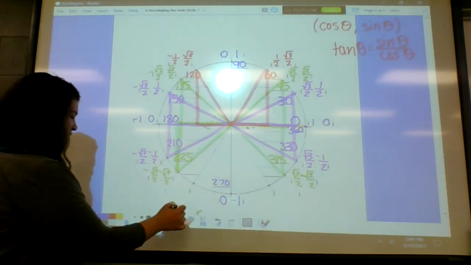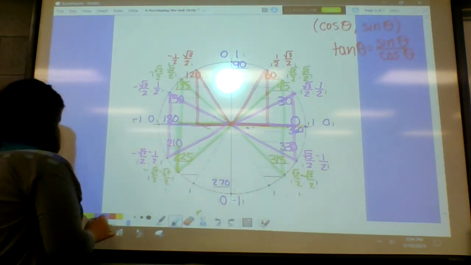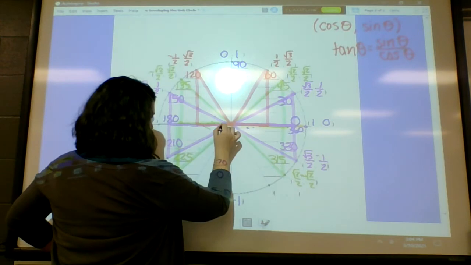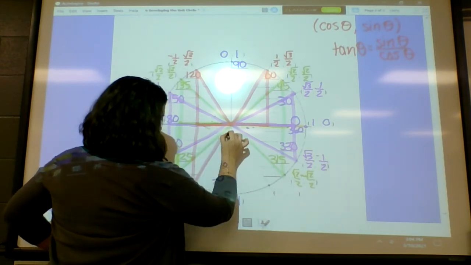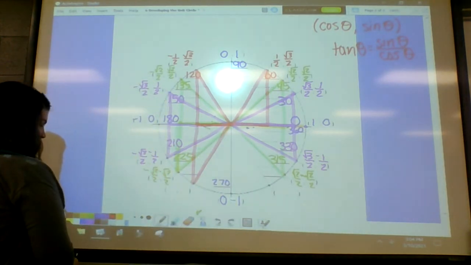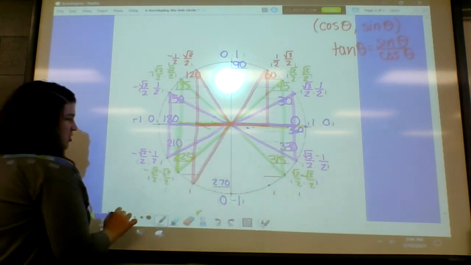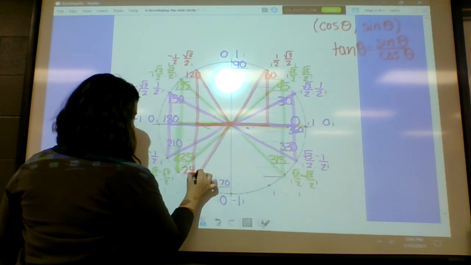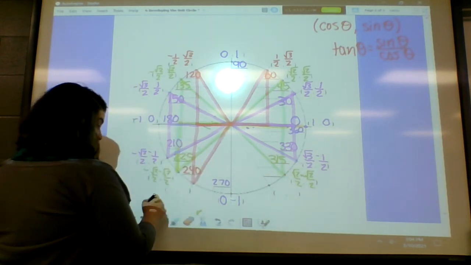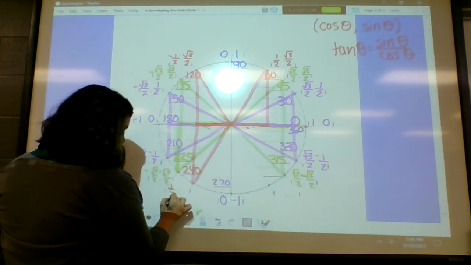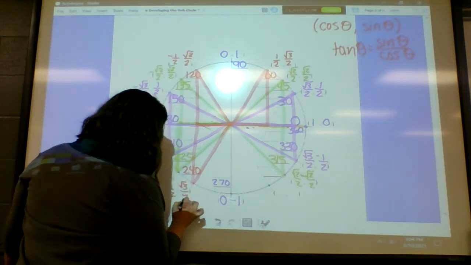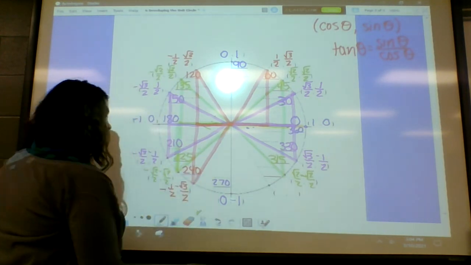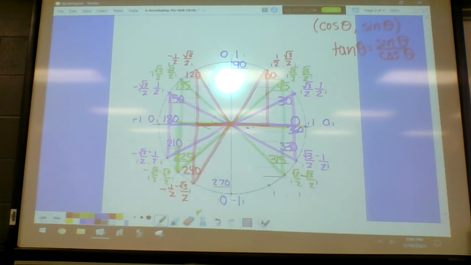And then down here, quadrant 3, we have that triangle. Angle measure in quadrant 3, down here, 240. 180 plus 60, right? And then we have 1/2, square root of 3 over 2, and they are both negatives.